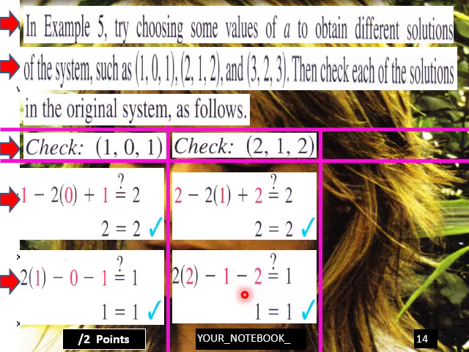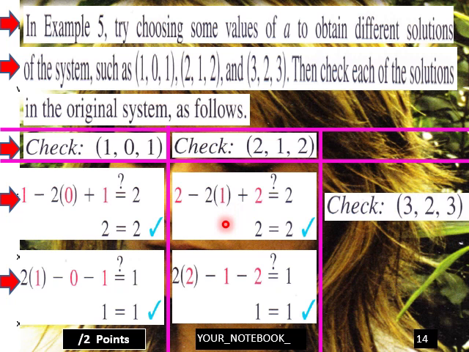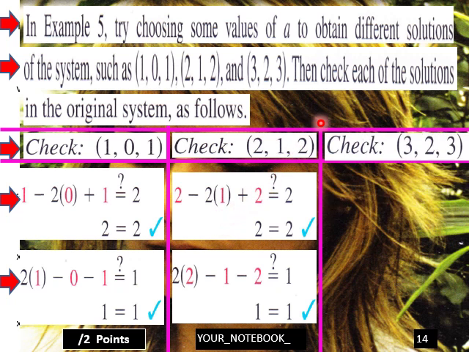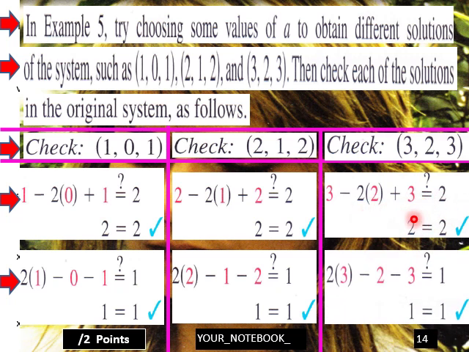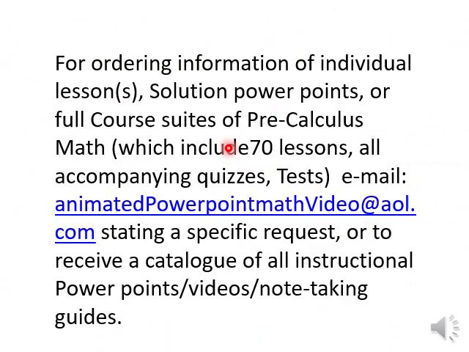It does, so that solution is valid as well. And then I'm going to check (3, 2, 3) to see if it is a valid solution. 3 minus 2 times 2 plus 3 equals 2, and it does check out. And then 2 times 3 minus 2 minus 3, does that equal 1? It does equal 1. So our solution does seem to be valid for that situation.